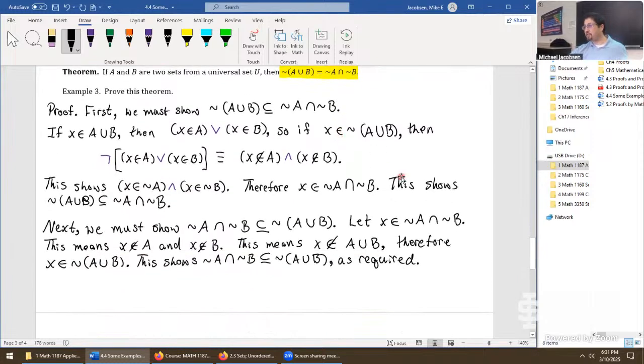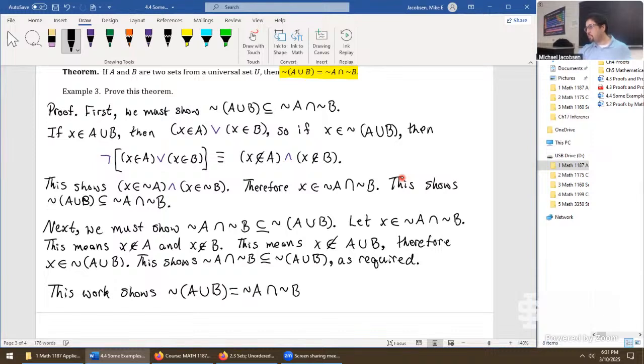Okay, with a little bit of shrinkage, we've got some extra space here. So now we can say, this work shows the complement of A union B is equal to, as a set, the complement of A intersect the complement of B.